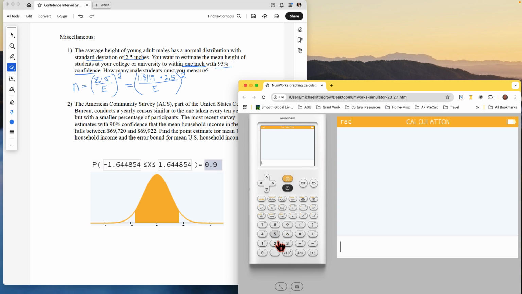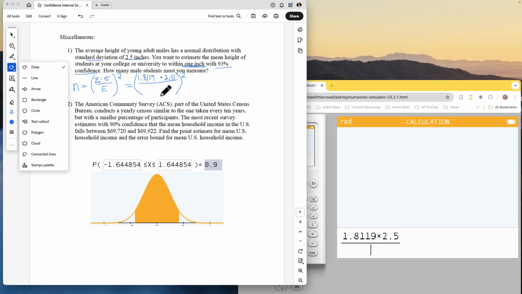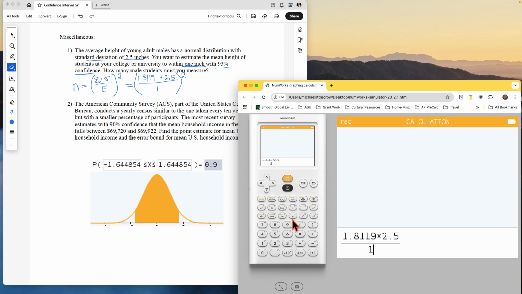Okay. So we're going to take this as 1.8119 times 2.5, divided by the margin of error. I should have put that in there. It's going to be 1 inch, which is cool. It's not just E. We know what E is. It's 1. I love dividing by 1. I actually didn't need to do anything, but we'll put it there, and then we'll just come out to the side.